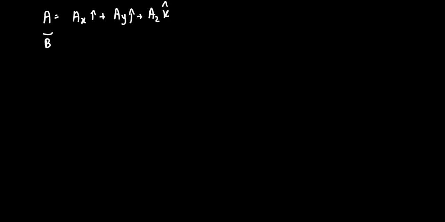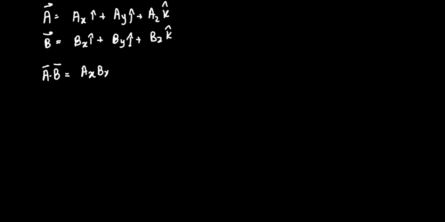And let us say that the vector B has been given something like BX I cap plus BY J cap plus BZ K cap. So again, the dot product is defined as AX times BX, the X components, plus AY times BY, the Y components, and AZ times BZ, that is the Z components.